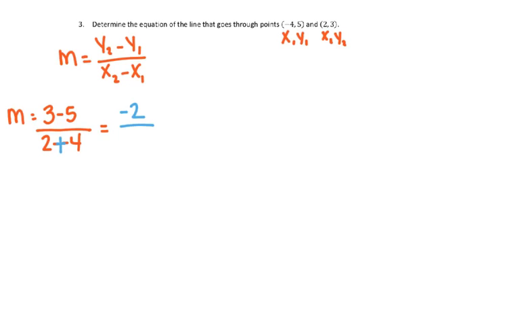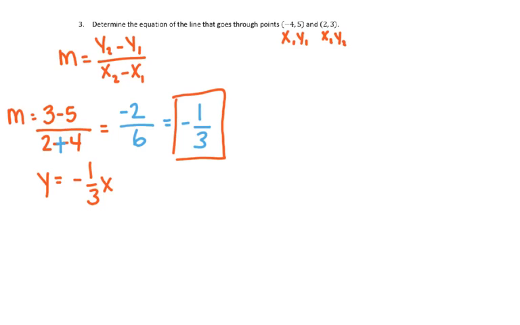And remember, when we're subtracting a negative, we're actually adding. So I've got negative 2 over 6. And I can simplify this, because 2 goes into 6 3 times, to negative 1/3. So negative 1/3 is the slope of my line, even though I can't see my line. So I would write my equation as y equals negative 1/3 x, because that is the slope of my line.